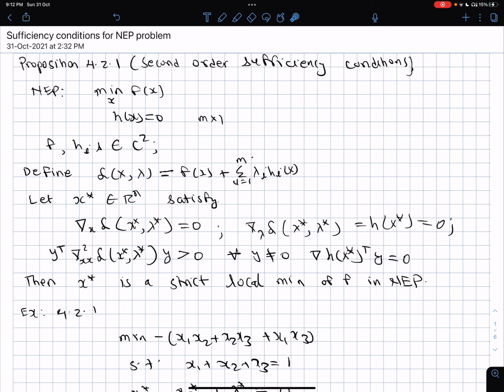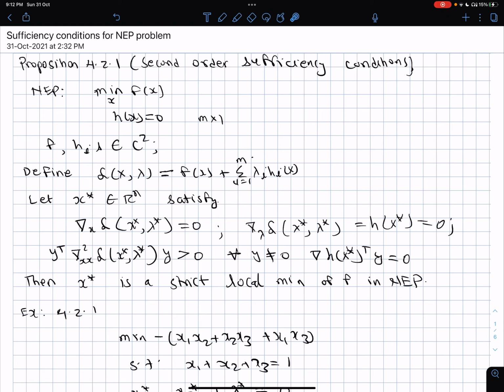The additional requirement in sufficiency, the second order requirement, is that the projected Hessian of the Lagrangian function over the null space of the Jacobian of the constraints should be positive definite.